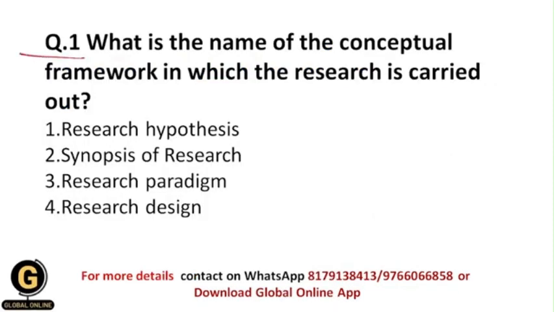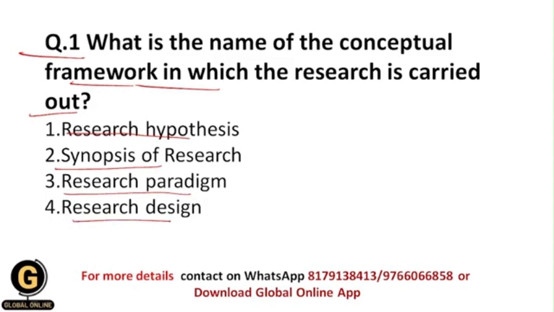Okay. Question 1 is, what is the name of the conceptual framework in which the research is carried out? Whether it is research hypothesis, or synopsis of research, or research paradigm, or research design.